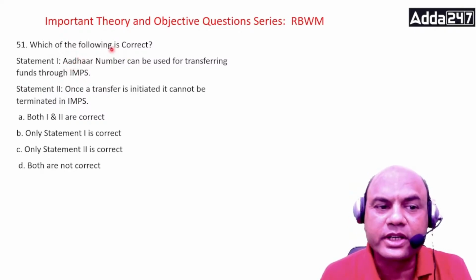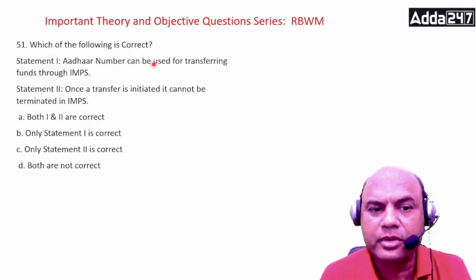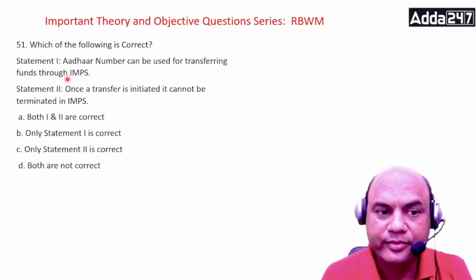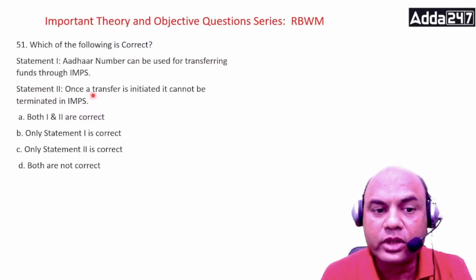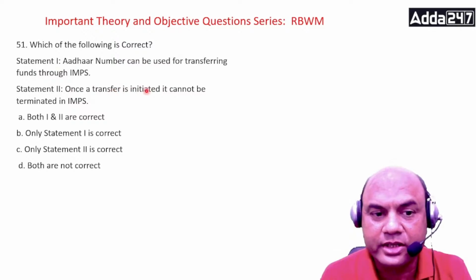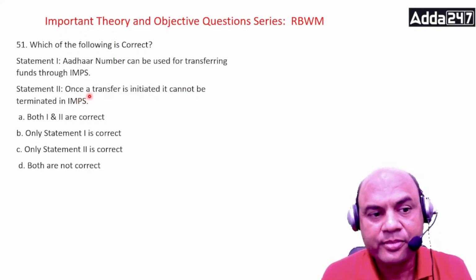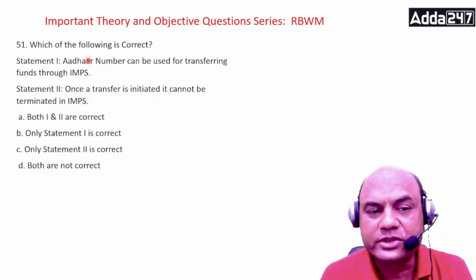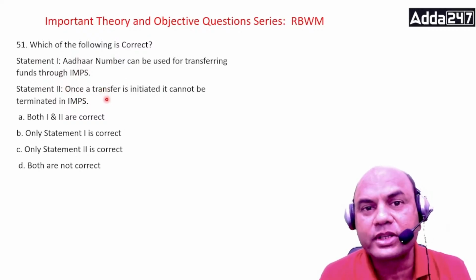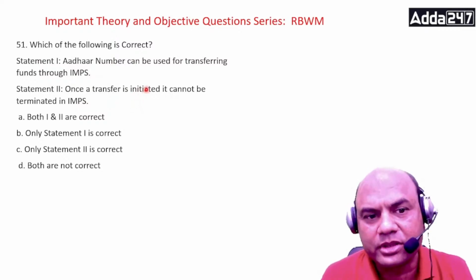So which of the following is correct? Statement 1: Aadhaar number can be used for transferring funds through IMPS. Statement 2: Once a transfer is initiated in IMPS, it cannot be terminated. Means the first one is okay. Second one, once I do the transaction or transfer the funds, it cannot be received back. It's that simple.